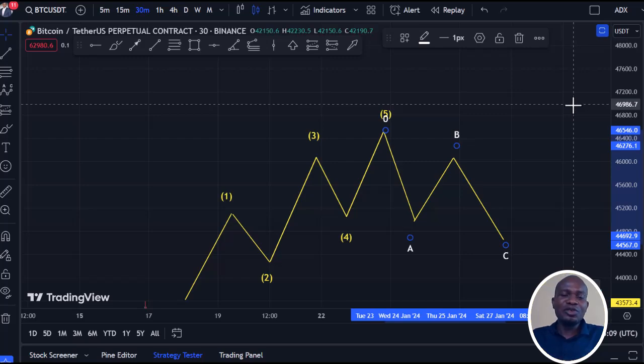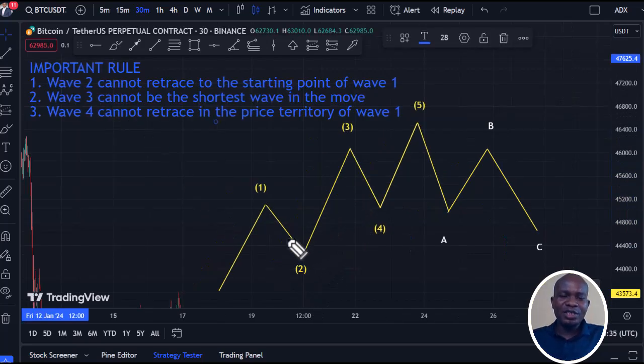Okay, so the rules from Elliott Wave establish that wave 2, which is this, cannot retrace to the starting point of wave 1. So if you see any market that retraces to the starting point of that wave, that nullifies the count. So you don't need to check whether the market is trending or not, because wave 2 has actually retraced to the starting point of wave 1.